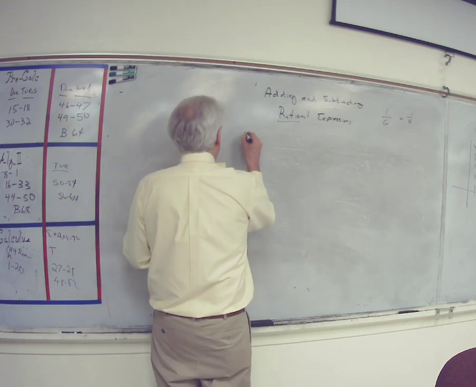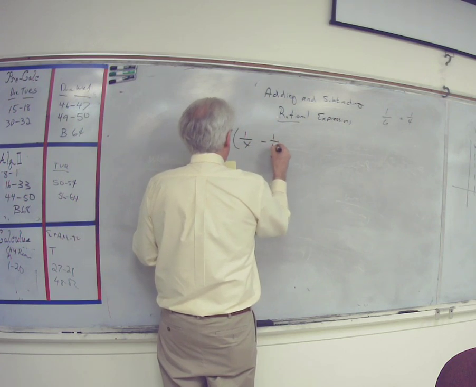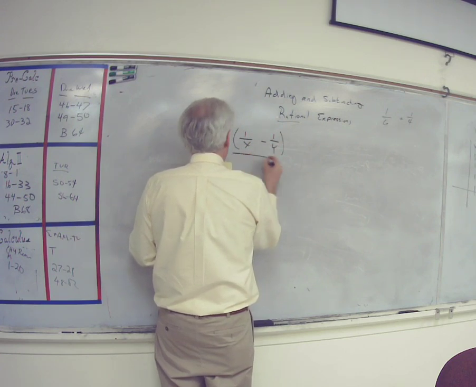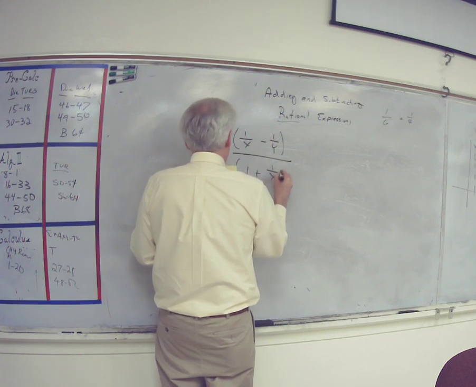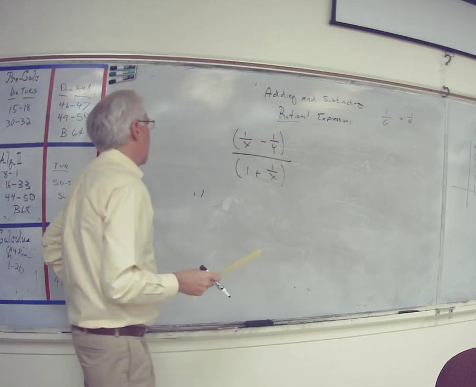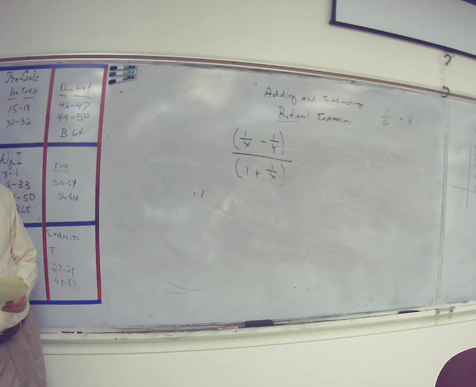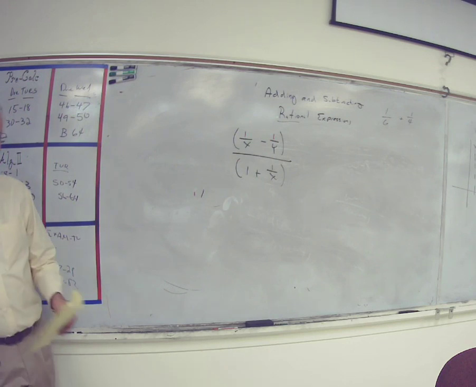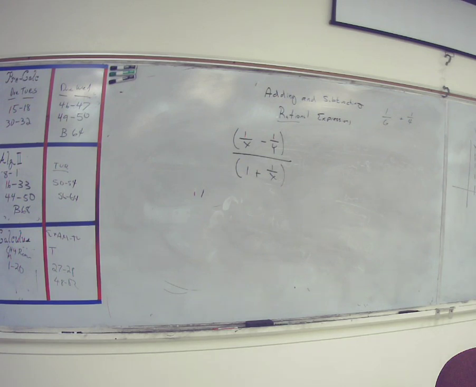So I have 1 over x minus 1 over y, over 1 plus 1 over x. Do I like this problem or do I hate this problem? I hate it. Why do I hate this problem? It's complex. Yeah, it's a 4-level one, right?